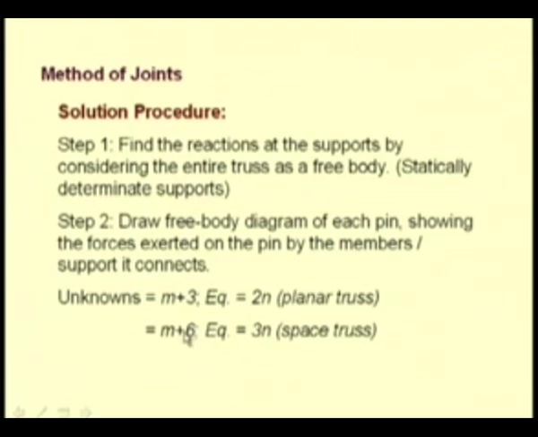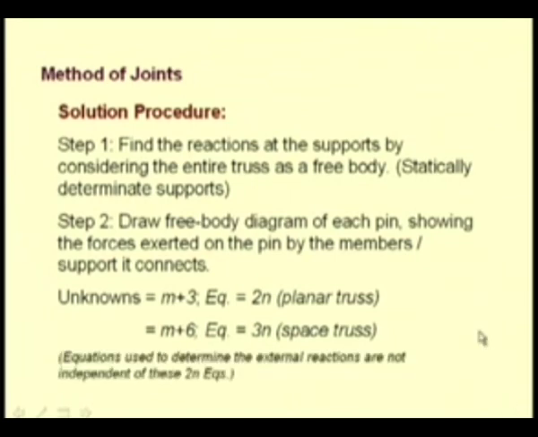So, the number of members in the truss, plus the number of unknown reactions, that is 6 in case of 3-dimensional trusses, should be equal to 3n for a space truss. Obviously, here we should remember that these equations are not independent of the external equations used for determining the external reactions.